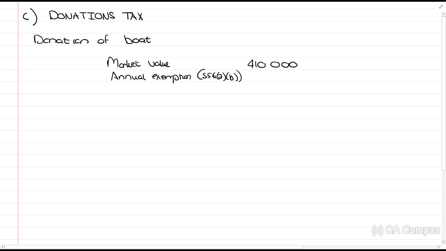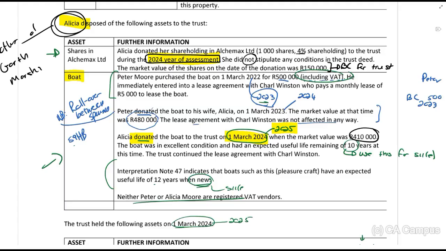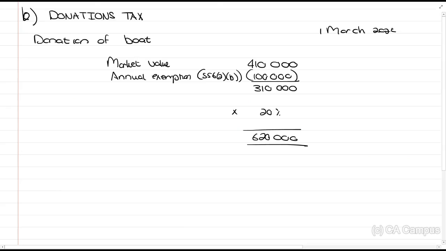So, sorry, this is question B. So that's 100,000 rands. So 310,000, that times 20% is 62,000. She made this on the 1st of March 2024. They're not asking us specifically for it here, but remember, it is payable by the end of the next month, which is 30 April 2024.